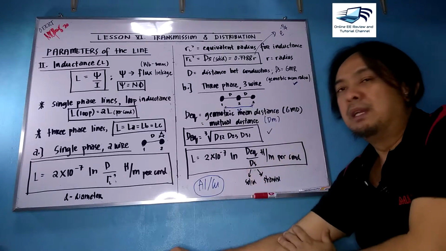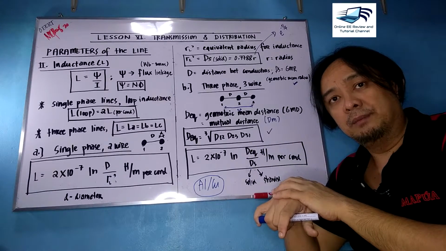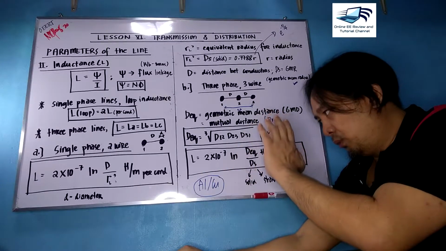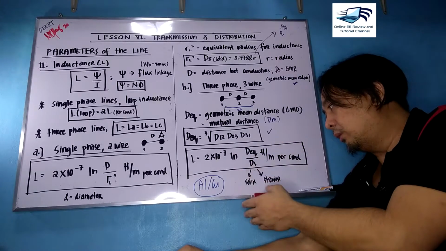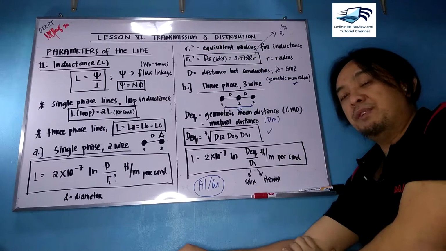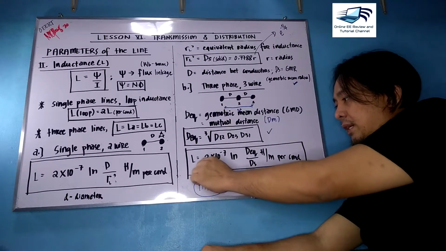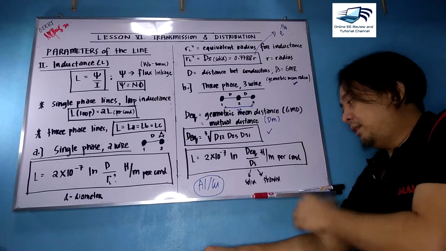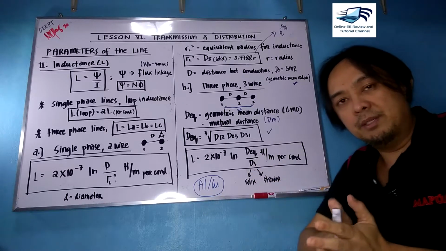But anyway, I already checked that in some of my derivations in my classes. If you see a 2 times 10 negative 7 there, you're considering aluminum and copper conductor, especially when you're considering this equation for the 0.7788. So the equation for a three-phase, three-wire is L is equal to 2 times 10 negative 7 ln DEQ over DS, and it is in Henry per meter per phase, or per conductor basis.